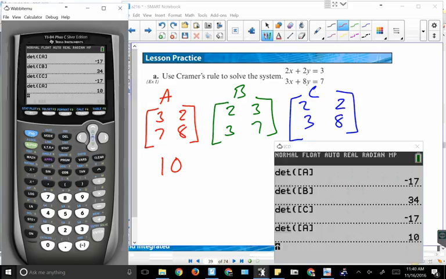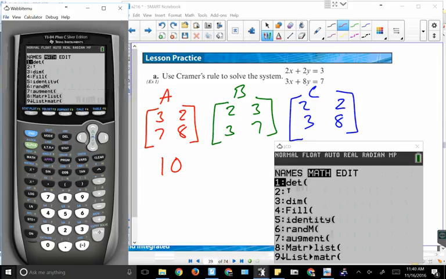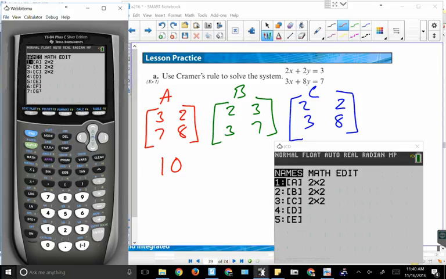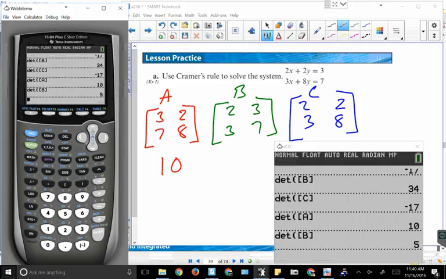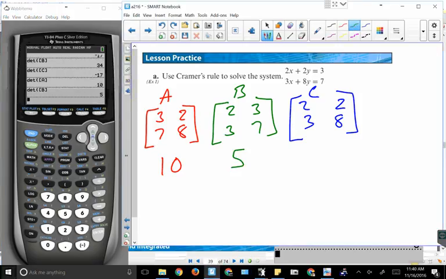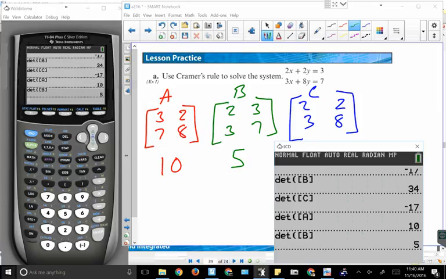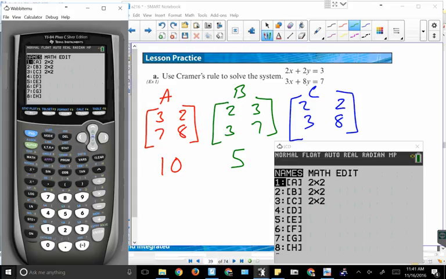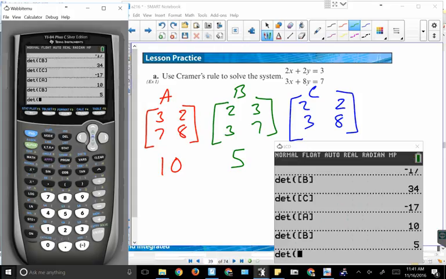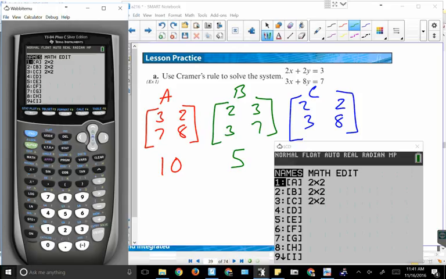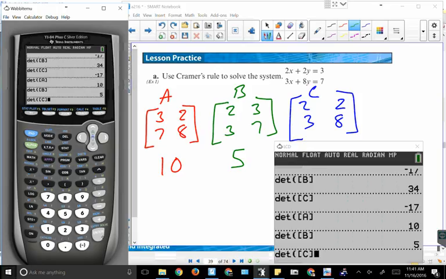So I go second matrix, math, determinant, second matrix, B, enter, and I get a determinant of 5. Now I'm going to need the determinant for C. So second matrix, math, determinant, second matrix, go down to C, determinant, enter, and I end up with 10.